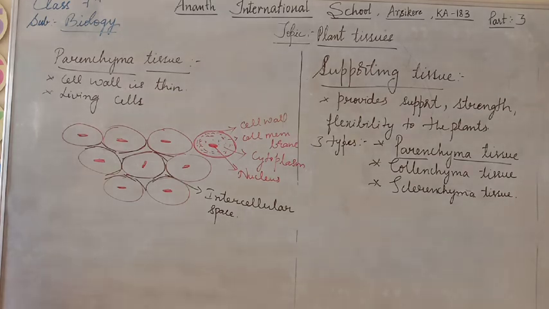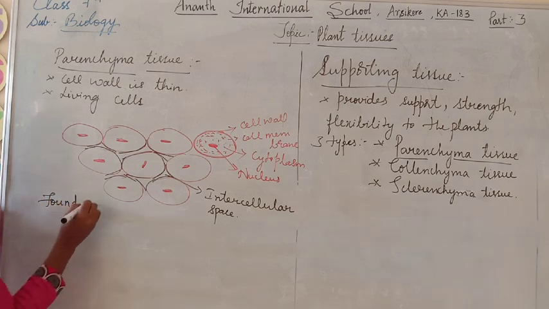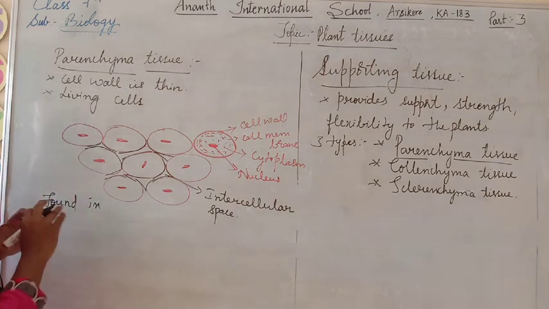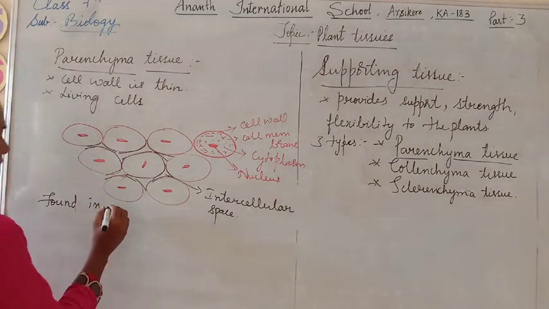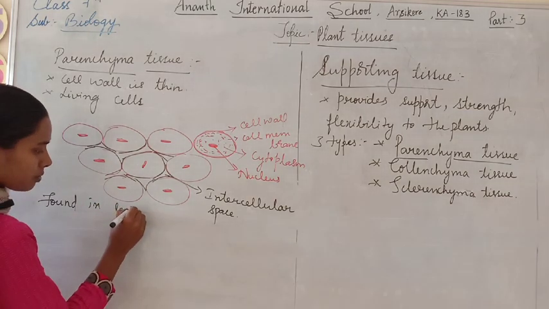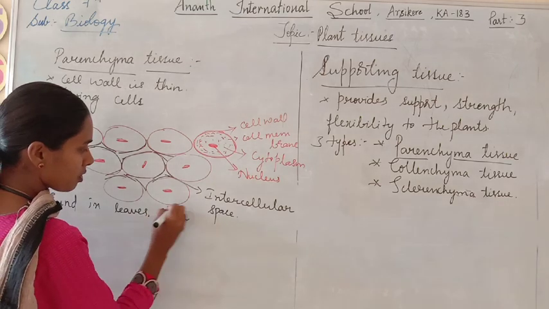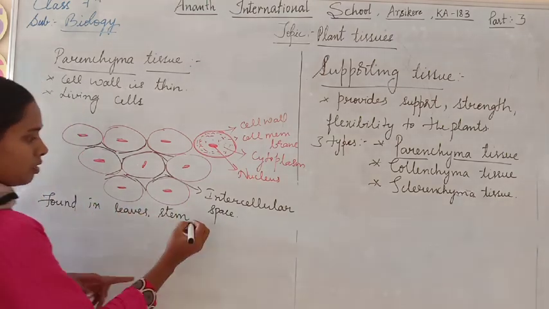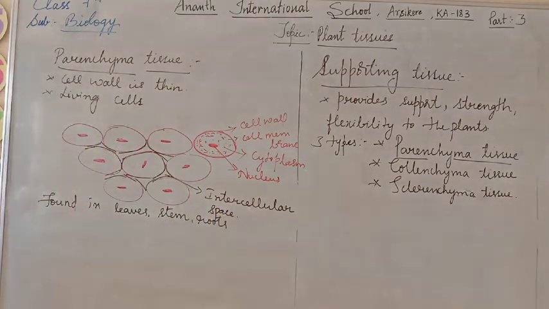Parenchyma tissue will be found in almost all parts of a plant, that is leaves, stem and roots.